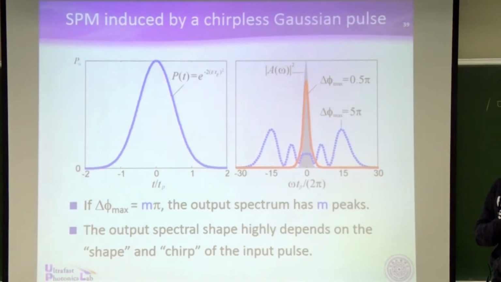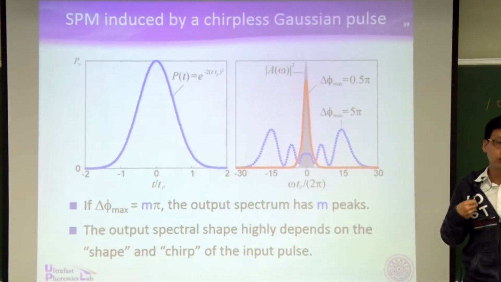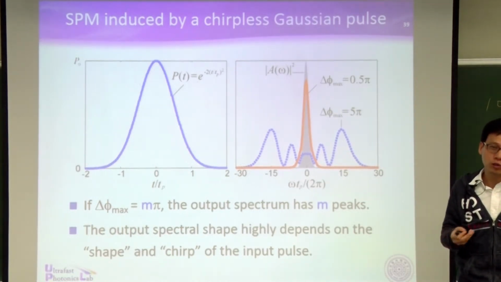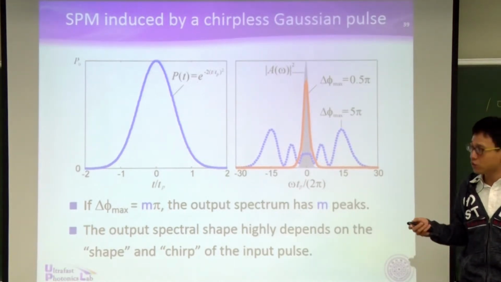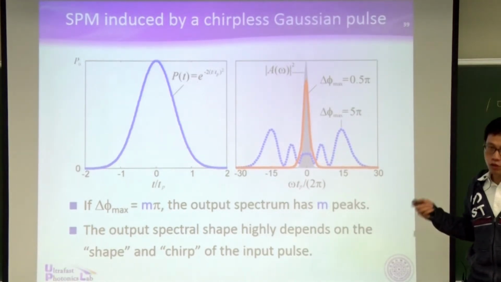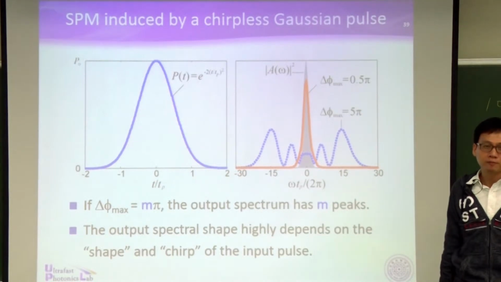If you have, like we just discussed, a square pulse or triangular pulse, different shapes, the output spectral shape would be different. Besides, even if the shape is still Gaussian, if you purposely introduce input chirp, so your phase function is not a constant function but a quadratic or cubic function, it will distort your output spectral shape as well.